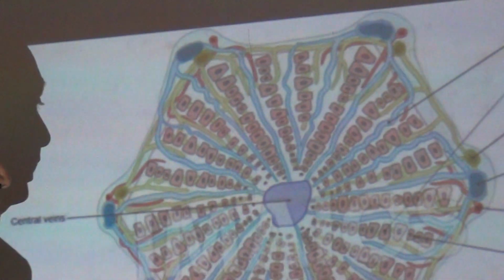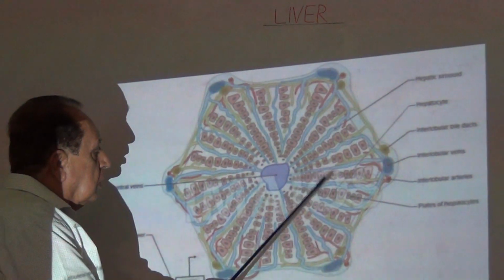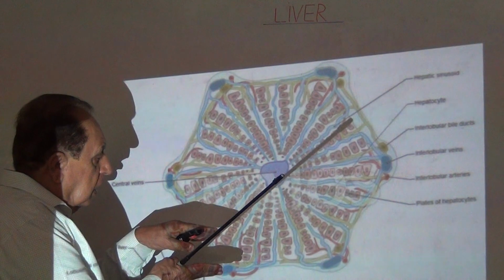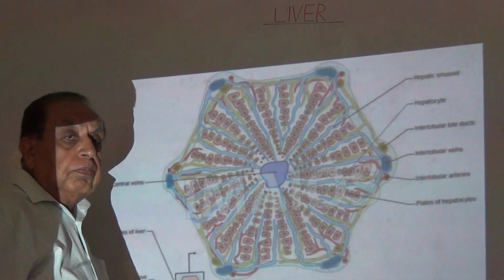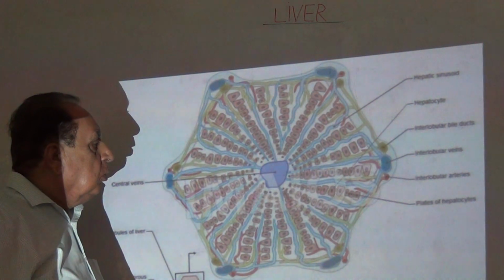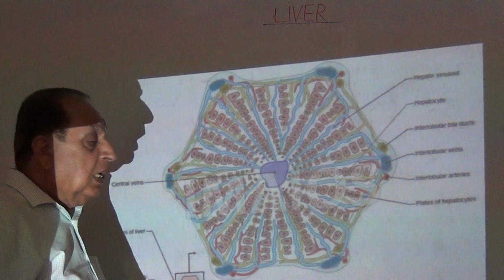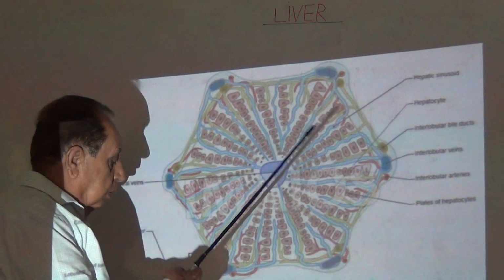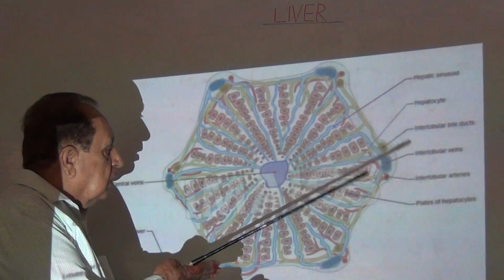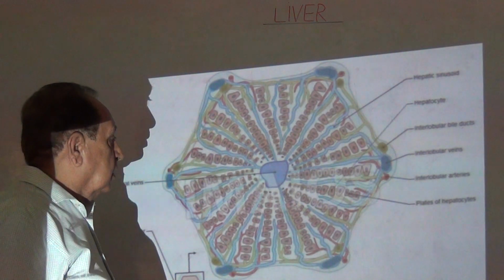Just between the hepatic cells there are bile canaliculi. The bile canaliculi are present between the layers of the hepatic cells.